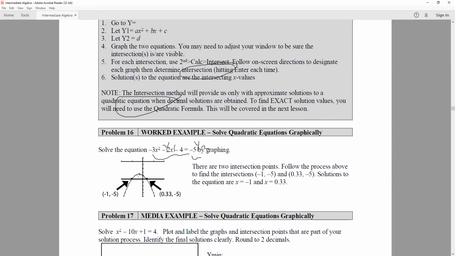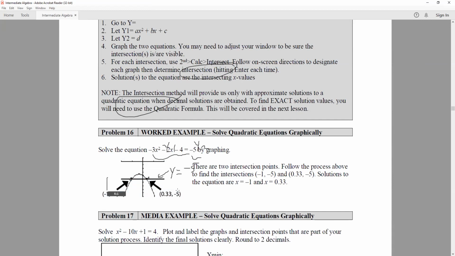This line here is going to be y equals -5. And these points are going to be the intersection points.